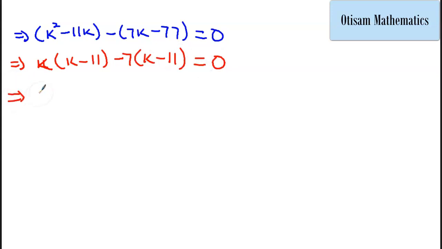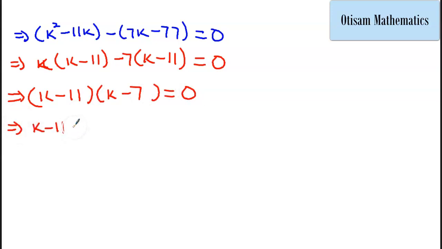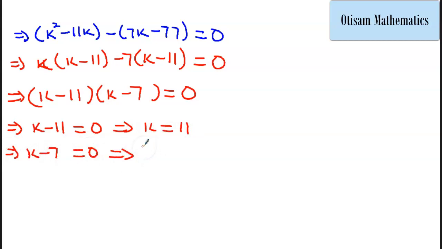So you have k minus 11, then k minus 7 is equal to 0. This implies that k minus 11 is equal to 0 implies k is equal to 11, and k minus 7 is equal to 0 also implies that k is equal to 7. So therefore, the values of k are 7 and 11.